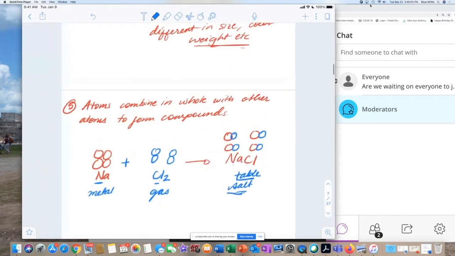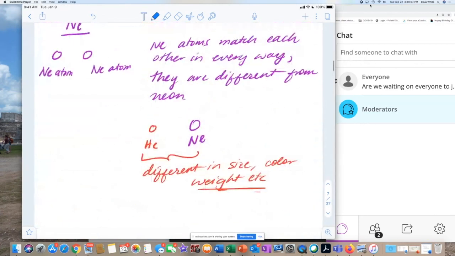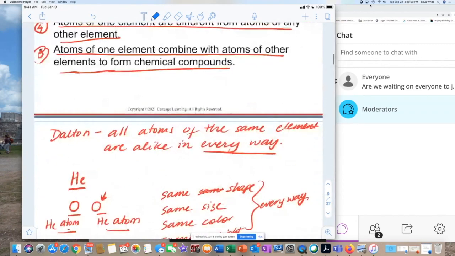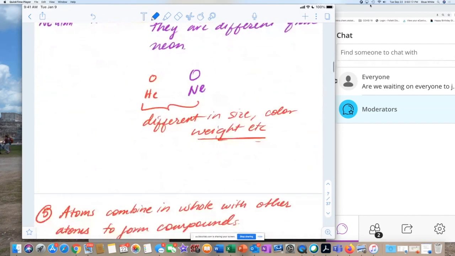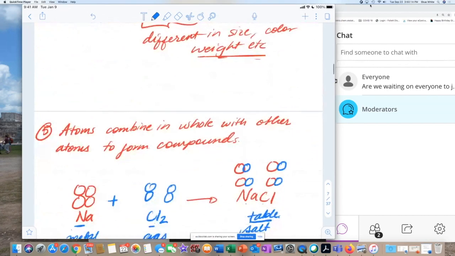The other thing that Dalton was trying to communicate is that when you're forming a new compound, the atoms are not changing their identity, they're just combining differently. They're breaking up with the atoms next to them and then forming bonds with new atoms.